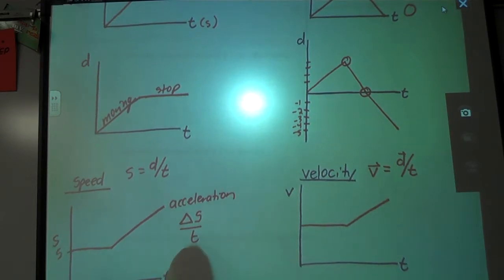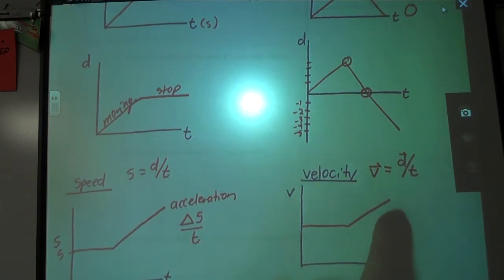Technically, acceleration according to speed is only a change in the magnitude according to time, since velocity involves both a speed and a direction, acceleration from a velocity can be a change in either magnitude or direction.